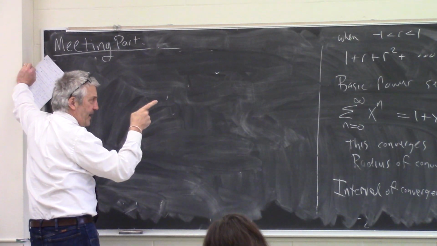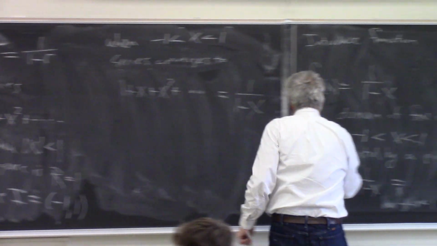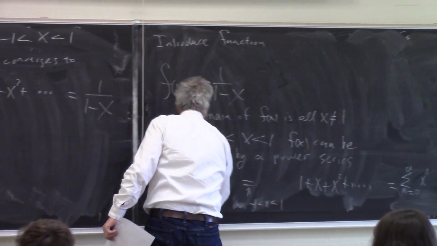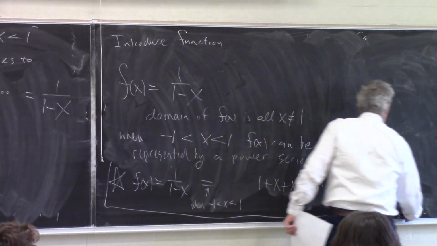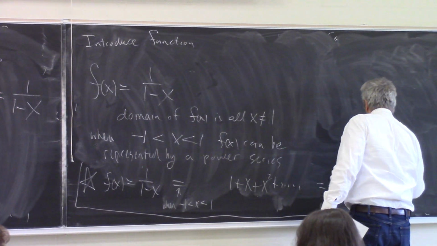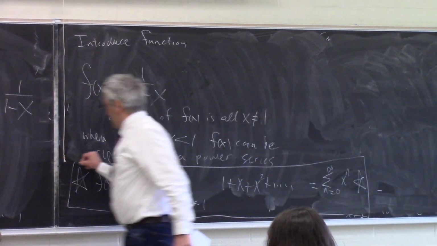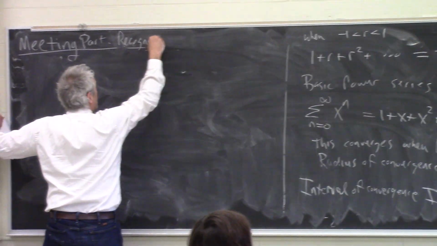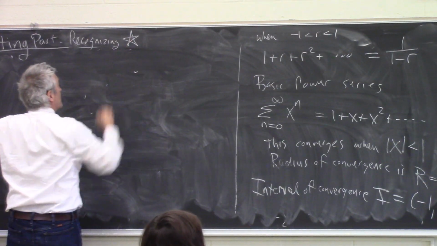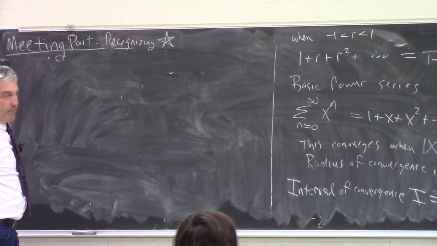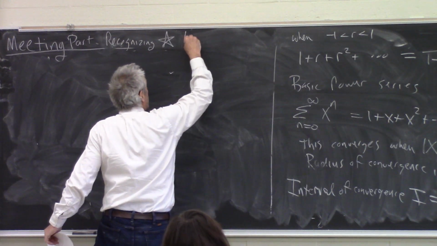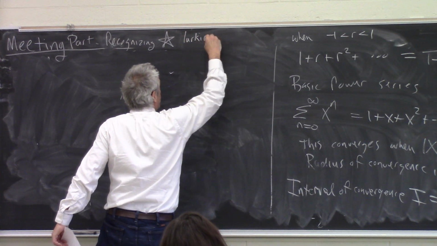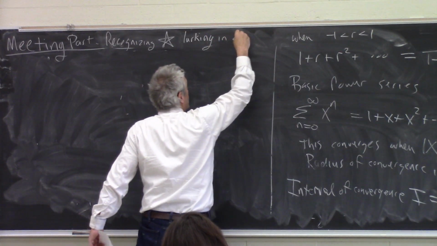So recognizing that result, let me put this big star around this. This whole thing is result star. So recognizing star hidden in other problems. So lurking, it's really kind of sinister, lurking in other problems.